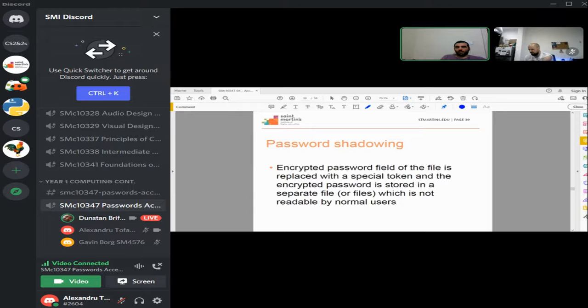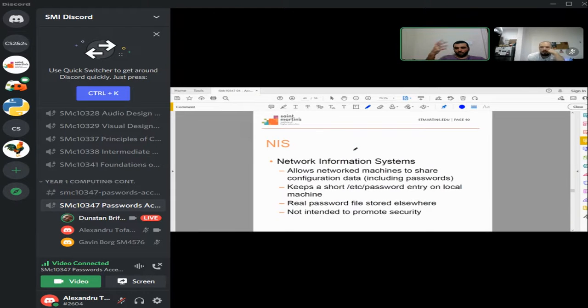So unless you really know what you're doing, it's very easy not to find what you're looking for. All right. In fact, we're going to mention another thing, an inode. So it's got a whole nice system like this. This is just another feature where machines are able to share passwords between them.